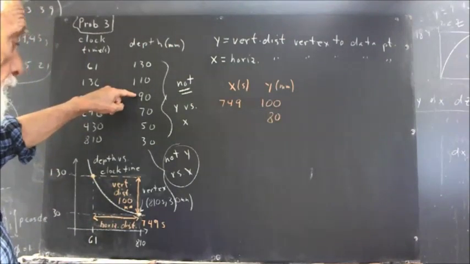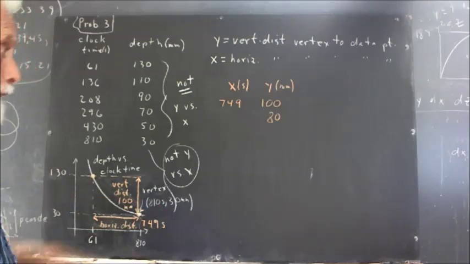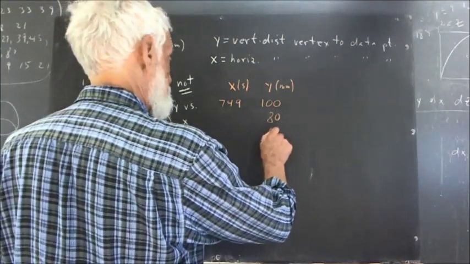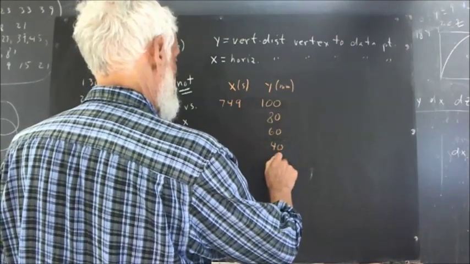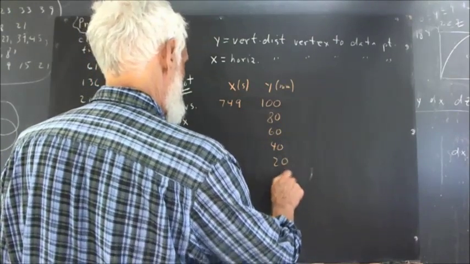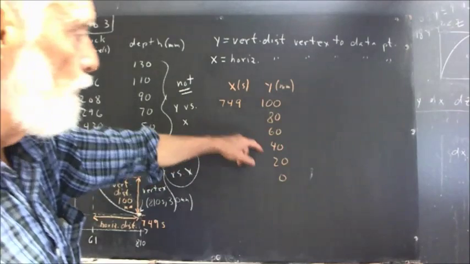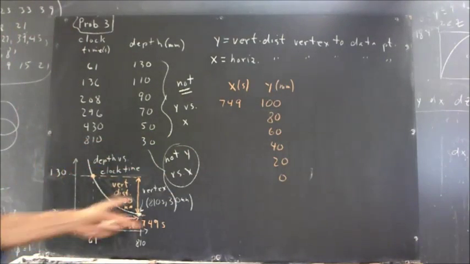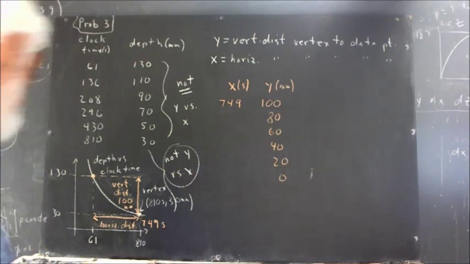The next depth is 90 millimeters relative to 30 millimeters. That gives us a y value of 60. And it's very easy to calculate that the next three are 40, 20, and 0, including the last point, which is the vertex, so it's at 0 distance from the vertex.